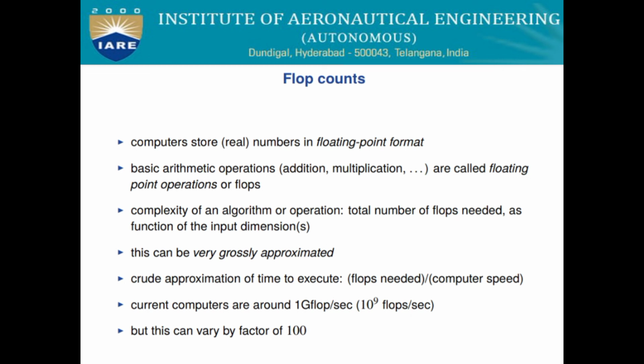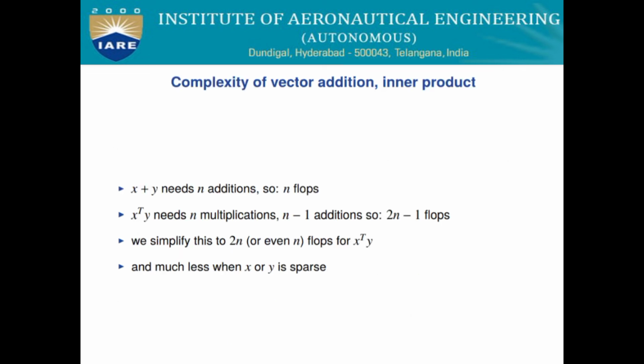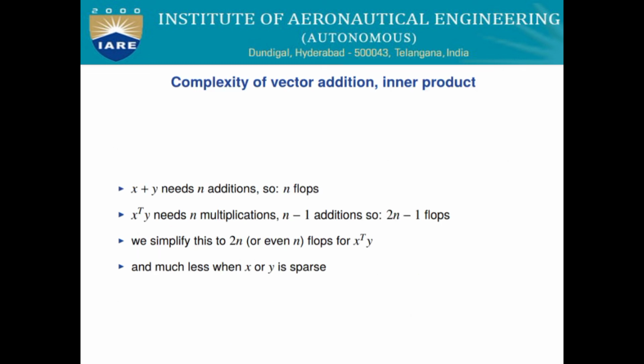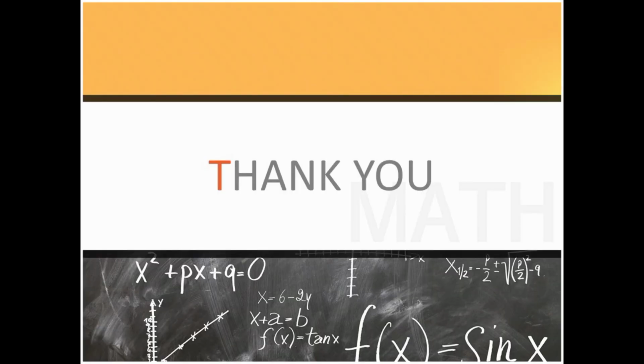This is very grossly approximated, but this can vary. Currently, computers run at around 1 gigaflop per second, 10 to the power of 9 flops per second. Complexity of vector addition and inner product: x plus y needs n additions, so n flops. x transpose y needs n multiplications and n minus 1 additions, so about 2n flops.